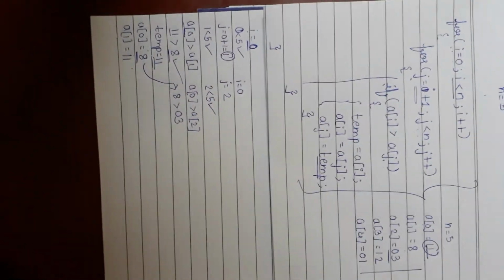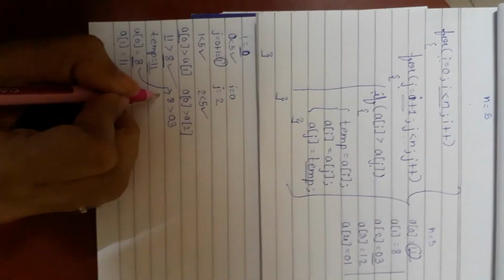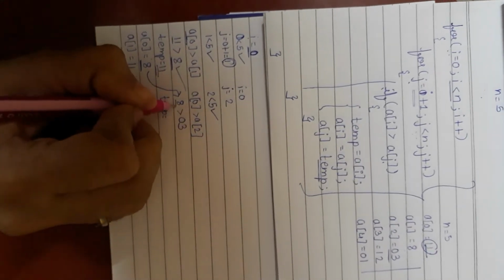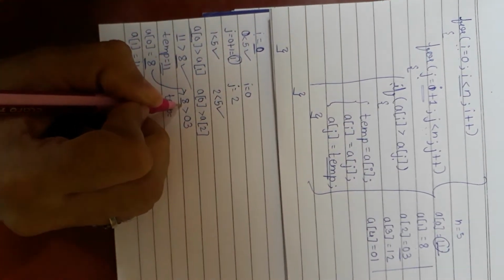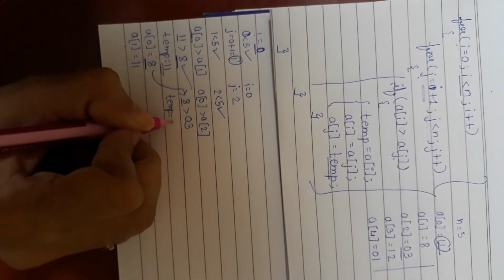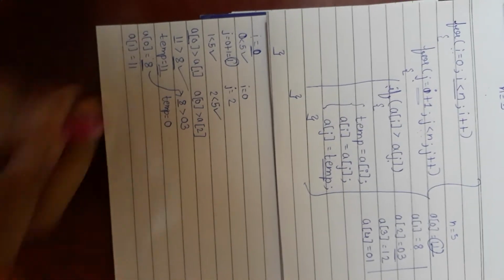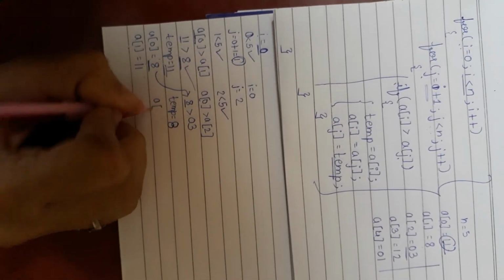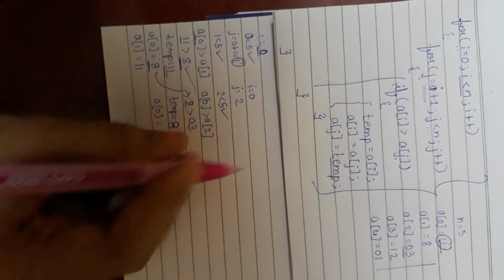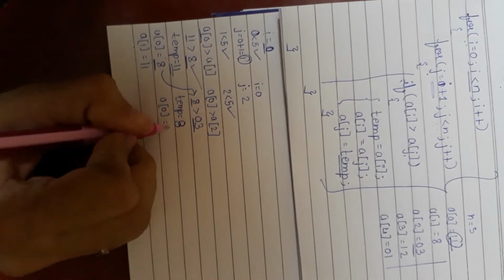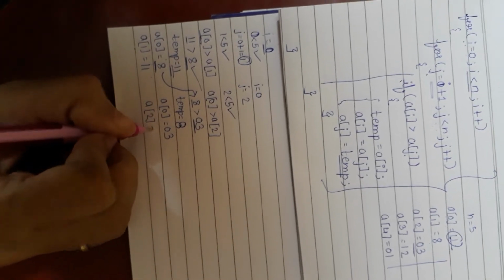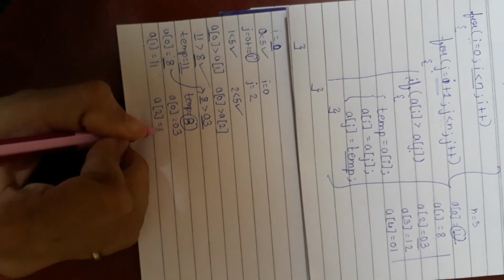Yes, it is true. So again an exchange will take place, that is, inside the temp variable the value of a of 0 will get copied. So now temp will contain 8 as a value. Then a of i, that is a of 0, will contain a of j's value, that is 3, and a of j, that is a of 2, will contain the value of the temp variable, that is 8.